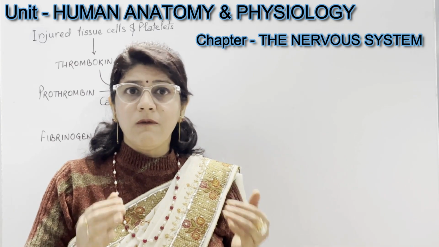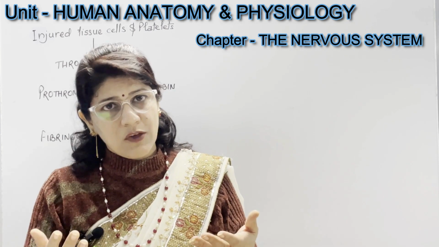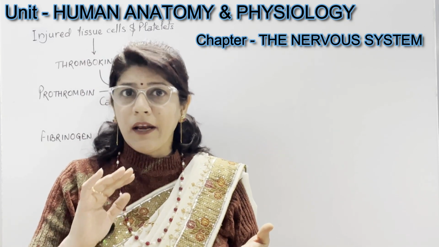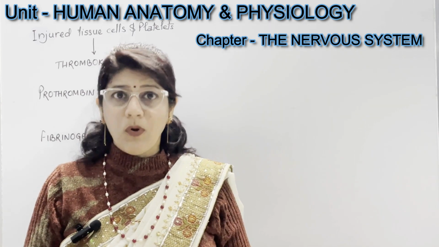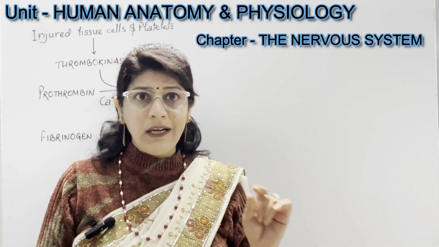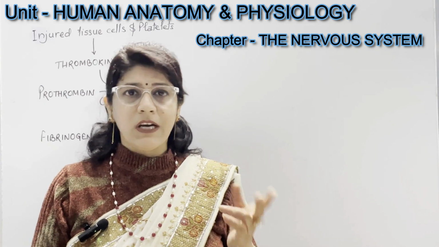Static balance means when we are stationary, our body maintains balance with the help of the vestibule. And when we are in dynamic equilibrium, it is with the help of the ampulla of semicircular canal. So write these terms very correctly when they are asked in the paper, and definitely one is asked from them.